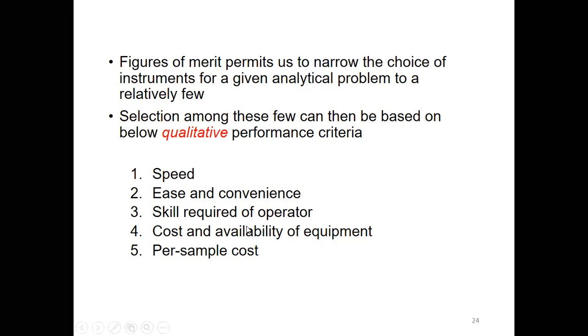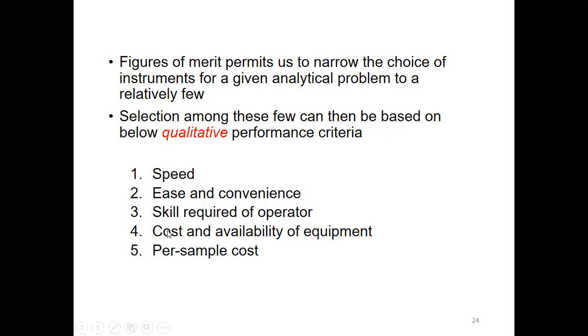And the cost and availability of instrument. The cost is really important, because if we select a method that is highly expensive, there's no point of using a highly expensive one if any cheaper method is available. So we have to pay attention to the cost as well as the availability of the instrument.